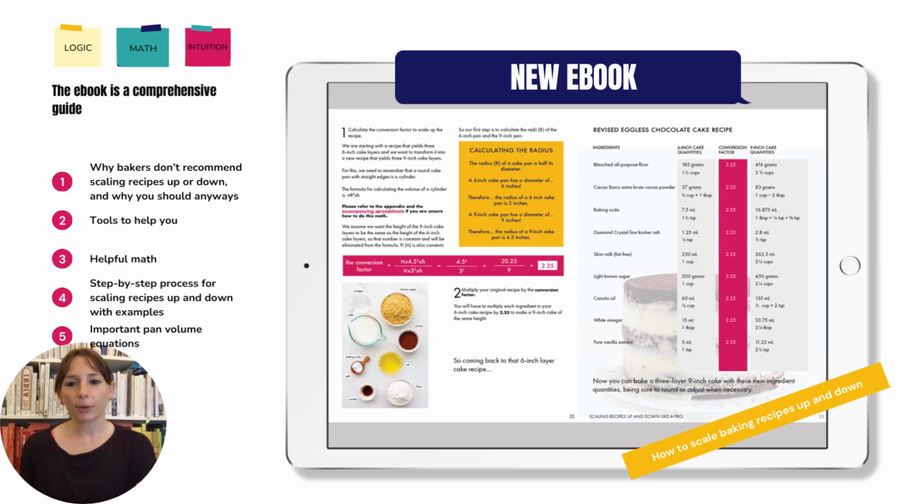So this new ebook will guide you through the process of scaling recipes up and down, but it's also going to go through the reasons why recipe developers tell you not to tackle this.